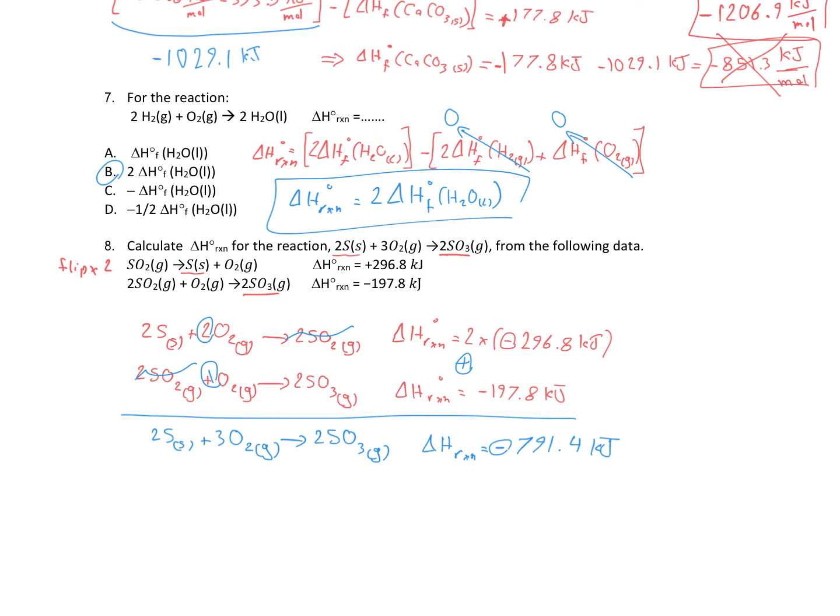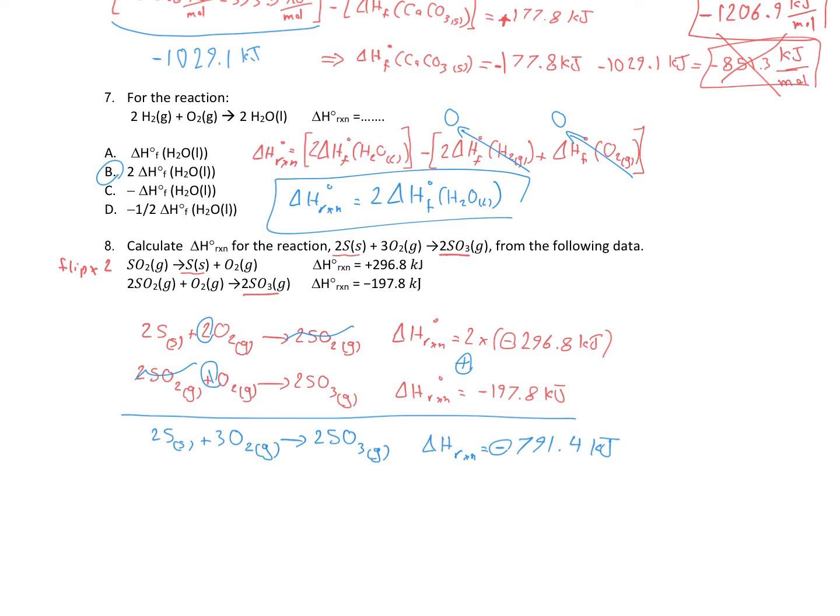We have 2 hydrogen, so 2 times delta H of formation of H2 in gas phase, plus delta H of formation of O2 in gas phase. We know that for any element in the standard state, the delta H of formation is 0. So for hydrogen and oxygen, both of them should be 0. What we have left is delta H of the reaction is 2 times delta H of formation of H2O in liquid phase, and that's option B.